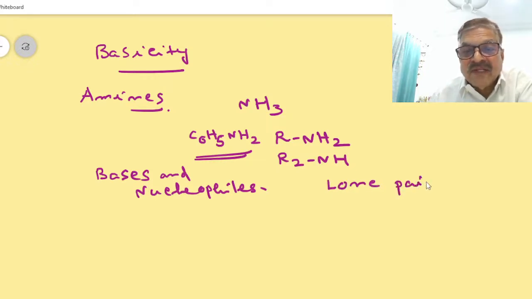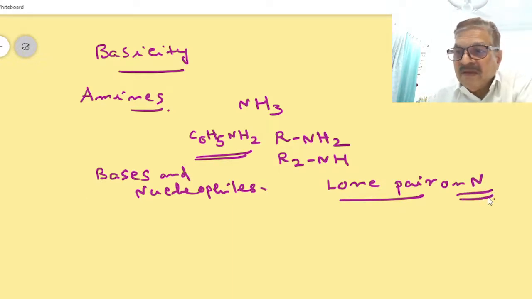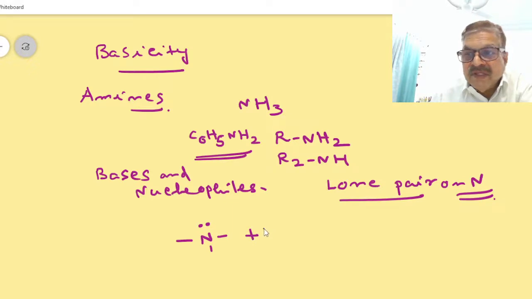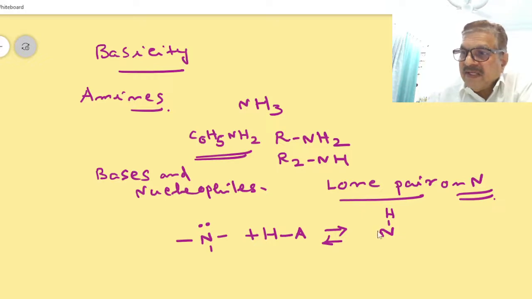This is the most important thing here. Lone pair on nitrogen, this will make it a base. A base means it will react with a proton. So in the Bronsted acid here, it will form NH plus here. Correct?